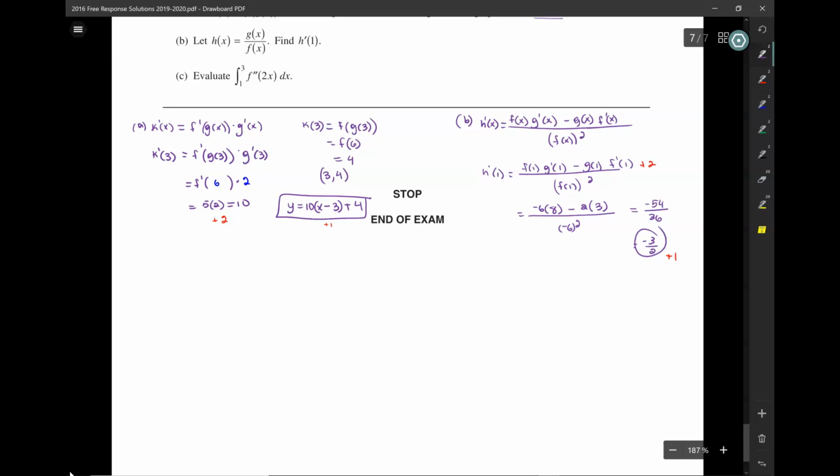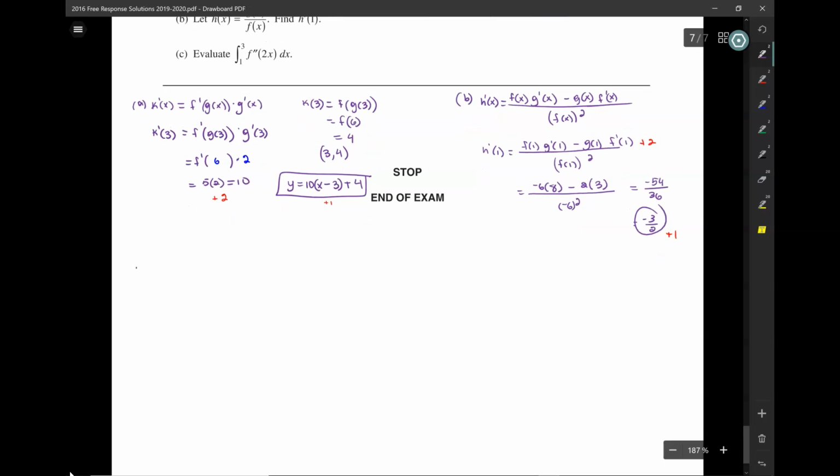Okay. C. C wants the integral from 1 to 3 of f double prime of 2x dx. Okay. So if you take an integral of a derivative, right?